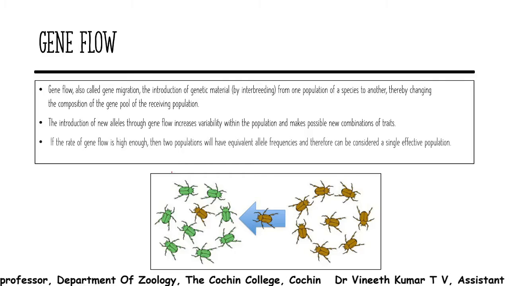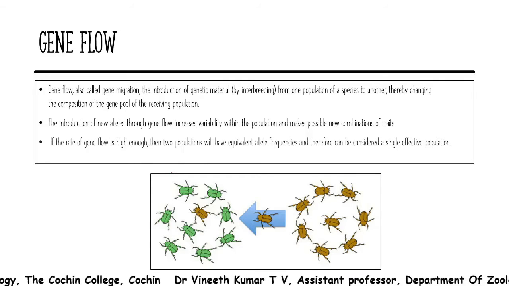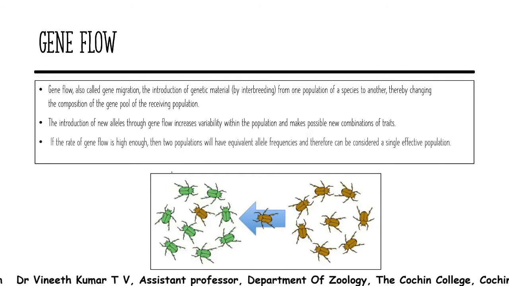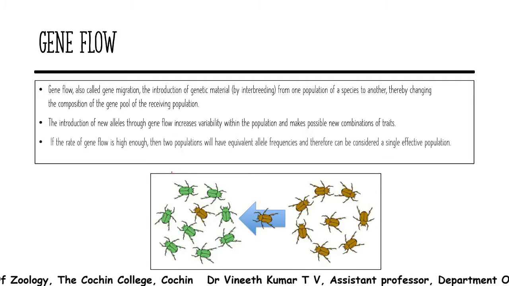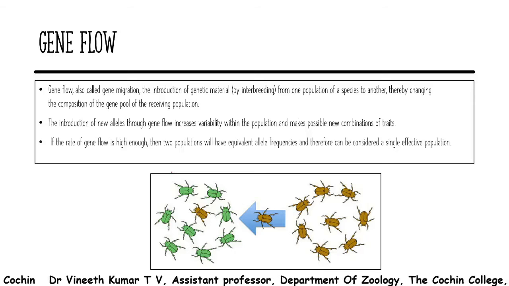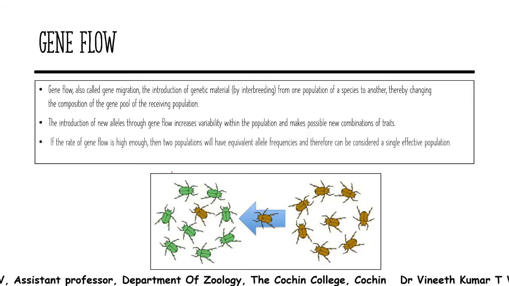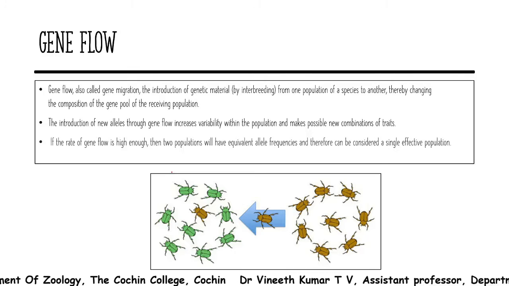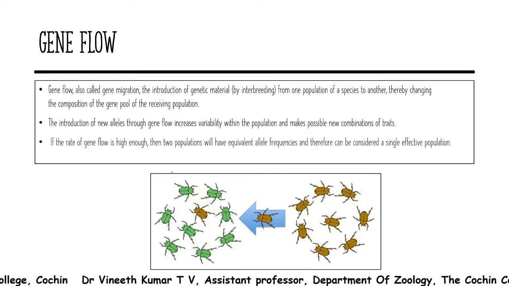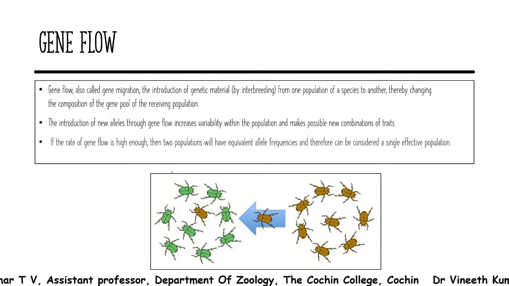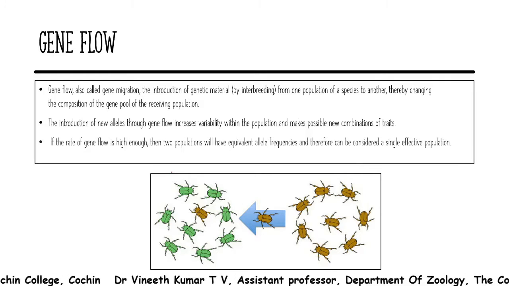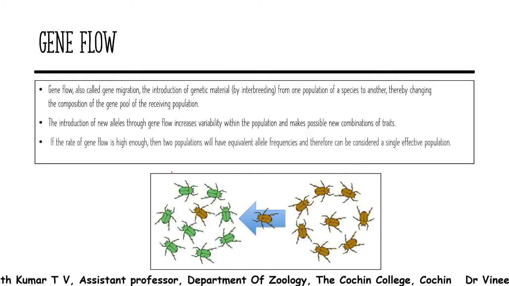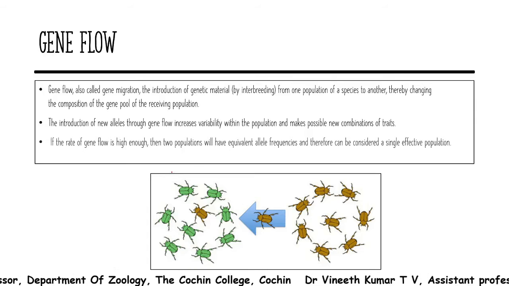When you talk about individual organisms, when one organism or a group of organisms move from one place to another, you call it migration. If they are coming into some place, you call it immigration, etc. So gene flow is the migration of genes. When individuals move from one place to other, the genes are also moving with them.